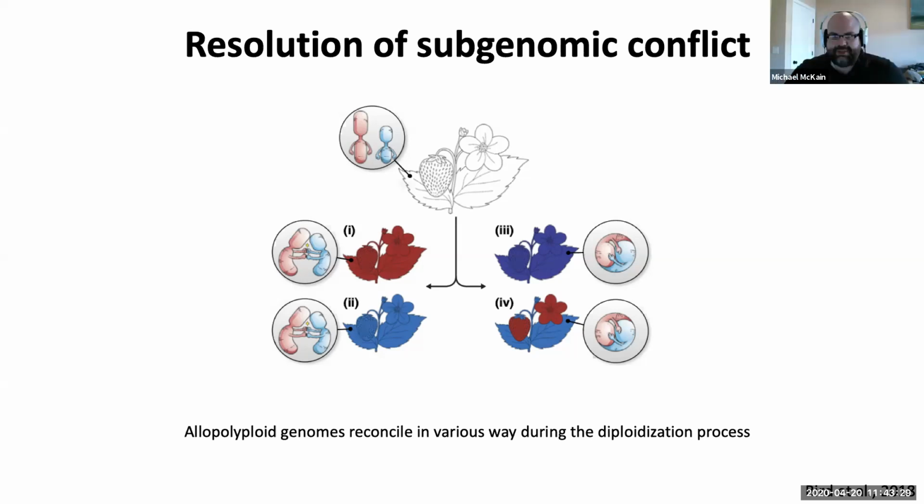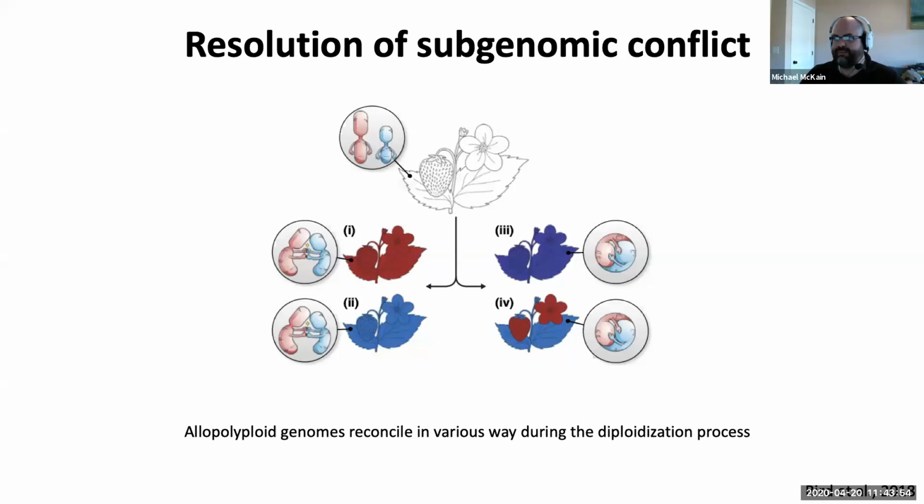And this idea of subgenomic conflict, of whether or not these subgenomes are on or off, or portions of them are on and off, we can have this idea of extremes where one subgenome, in this case the red subgenome, maybe dominates over the blue, or vice versa. We can have a situation in which they just mix their contributions across the whole body of the plant. So maybe those gene networks had 5 genes in them, and it's just one from each subgenome back and forth.